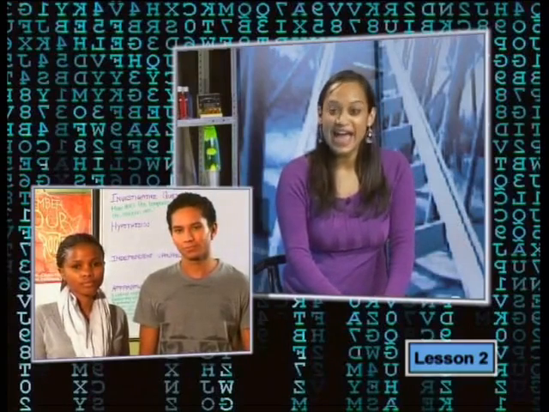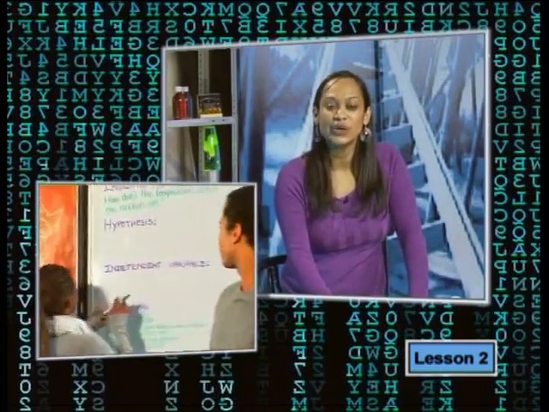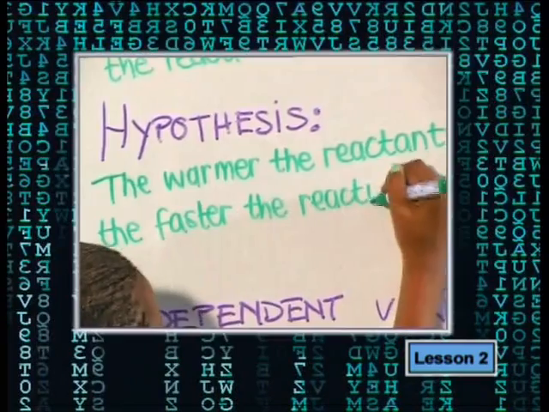You now have your investigative question and your apparatus. What do you think your hypothesis will be? Well, I think the hot reaction will react the fastest. Me too. I think the warmer the reactants, the faster the reaction rate. Is that correct? That's right. Your hypothesis is your answer to your investigative question.